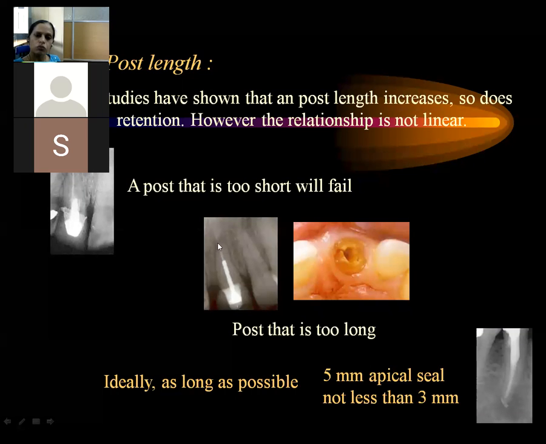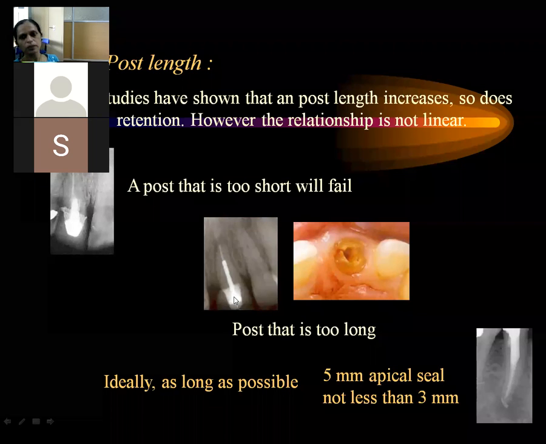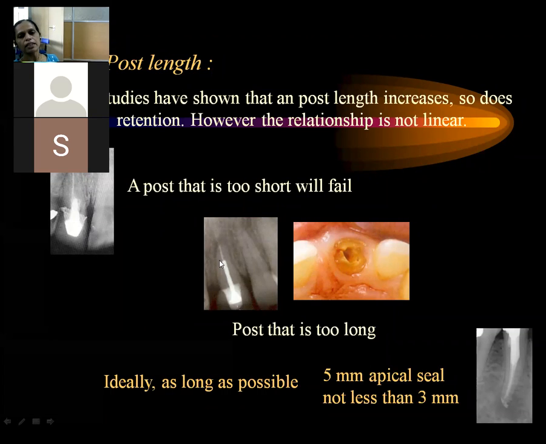So what should be the length of the post? The length of the post should be 2/3 of the length of the root. Suppose this is 15 millimeter, then 10 millimeter will be the post length, and this 5 millimeter should be there so that the seal will remain intact.